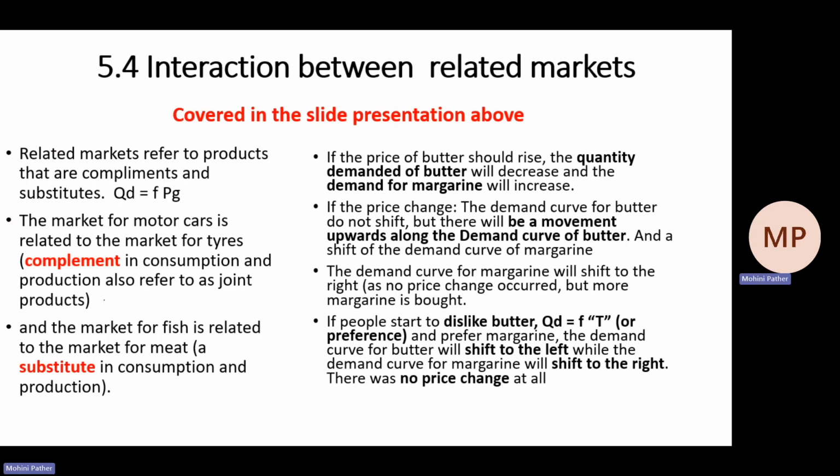So there is the interaction between these different related markets. These are just a few examples. The one that we love to use is that the quantity demanded of butter will decrease if the demand for margarine increases. This actually happened in real life, and because it was simply based on the taste of the consumers, it had a big shift of the demand curve to the left.